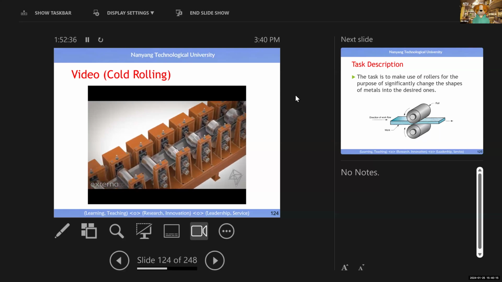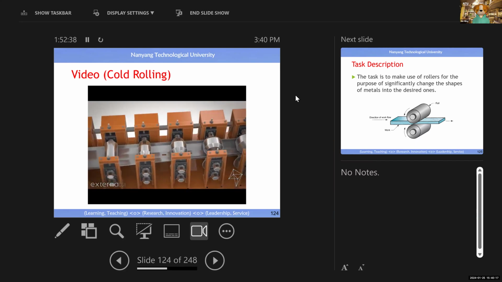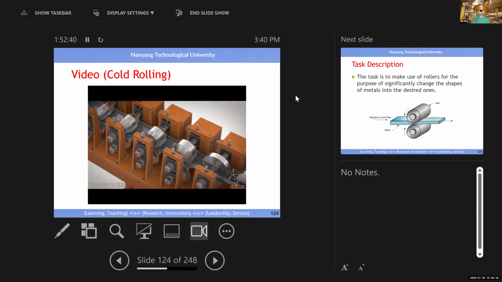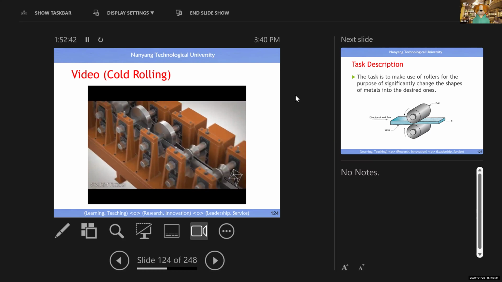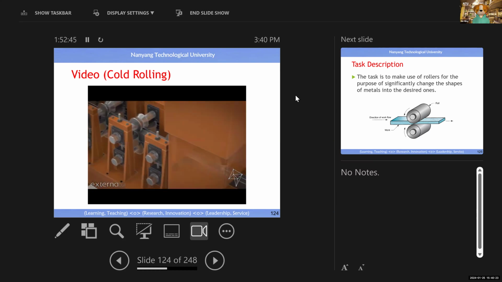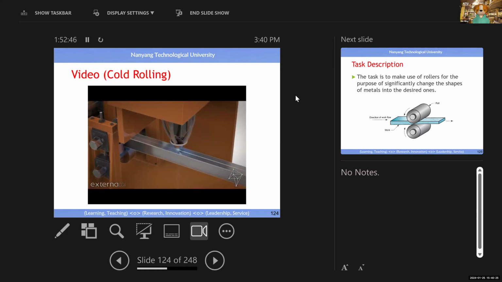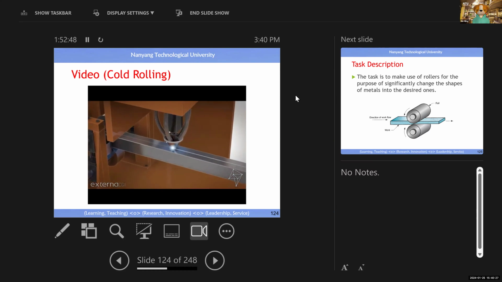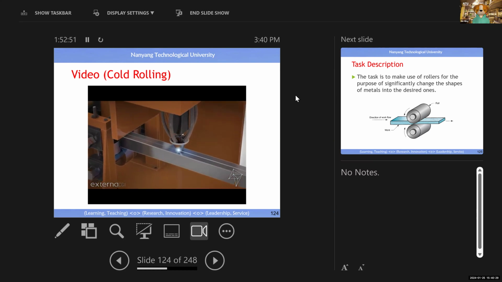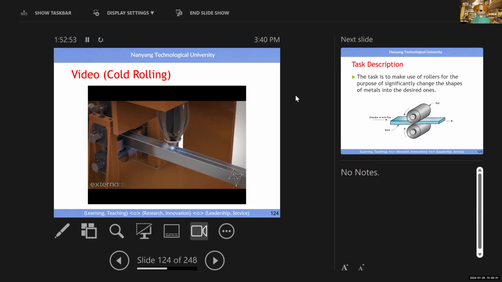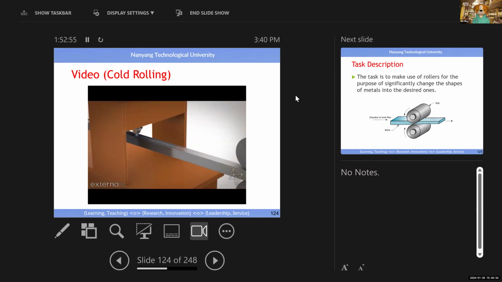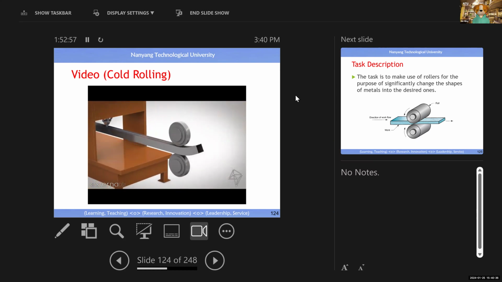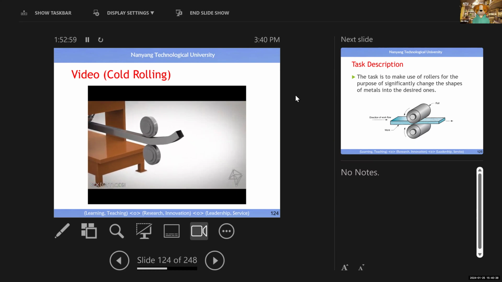The roll functionally creates the cross section. And you see that geometry start to form, right? The width changes, right? Then you see the welding of the joint, then go to rolling again. Now you see this is the output. This is one dimension. Put in another pair, another dimension.